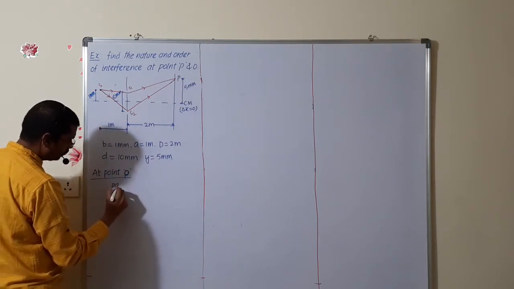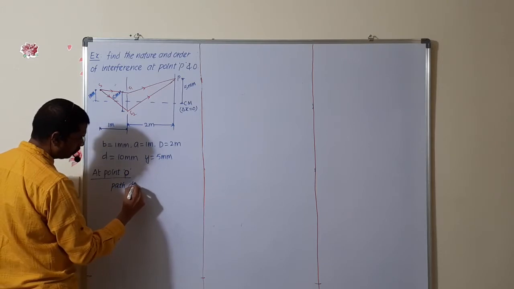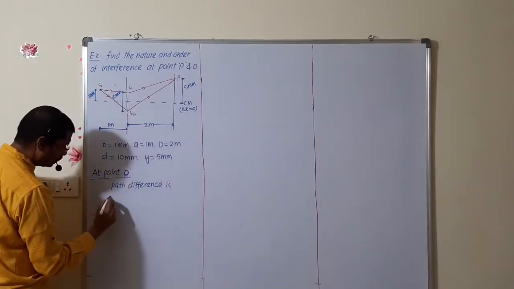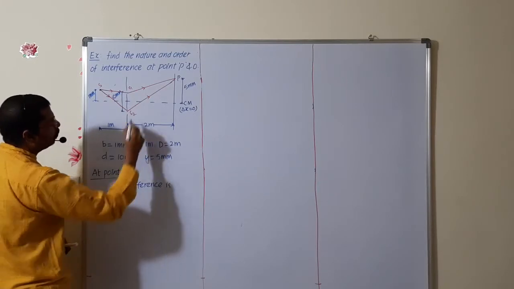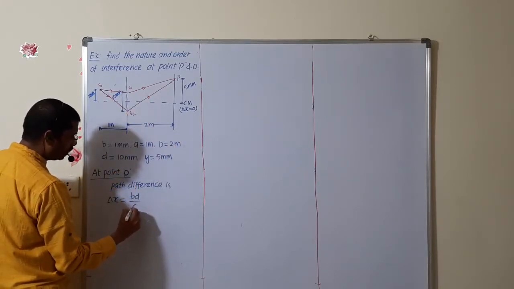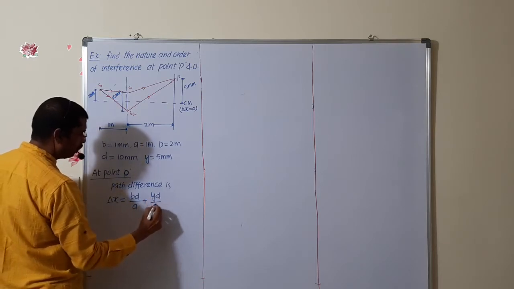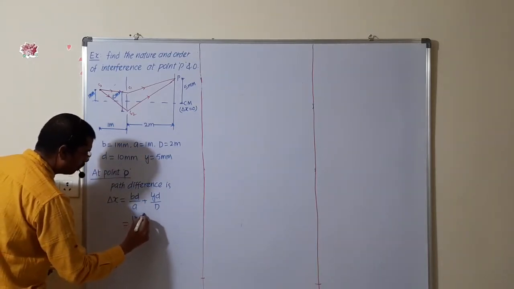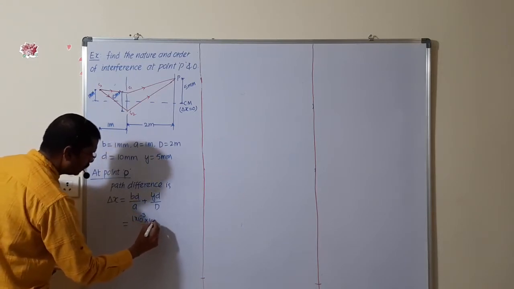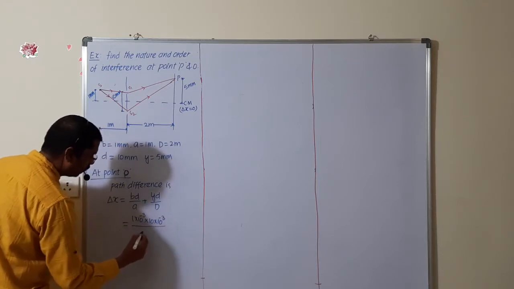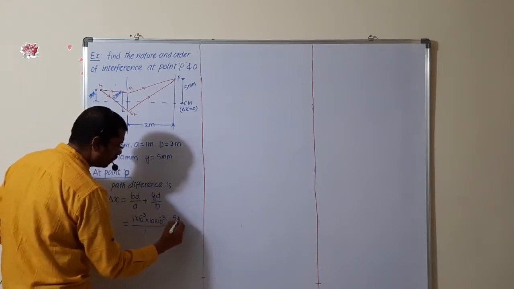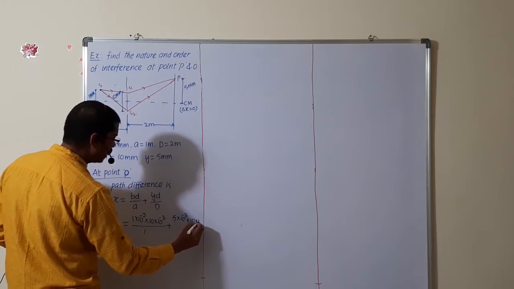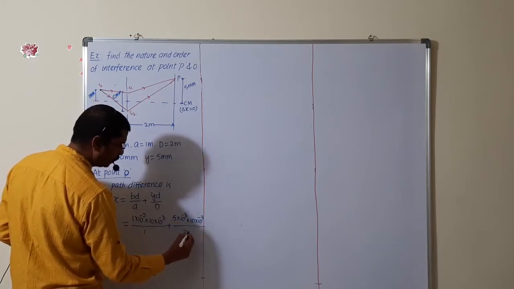The path difference delta x is equal to bd upon a plus y small d upon capital D. If I substitute the values, b is 1 into 10 to the power of minus 3, d is 10 into 10 to the power of minus 3, divided by 1, plus y is 5 into 10 to the power of minus 3 meter, and small d is 10 into 10 to the power of minus 3 meter, divided by 2 meters.